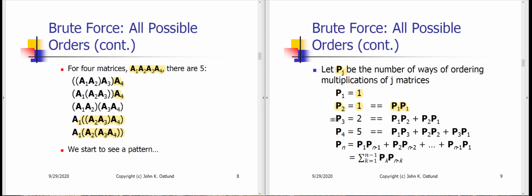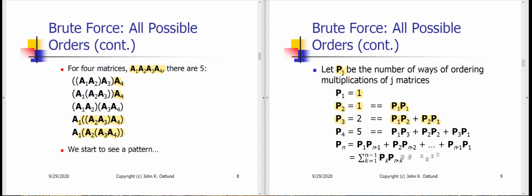Now, when we get to 3 matrices, then as we saw, there were 2 combinations. Because basically we can think of 3 matrices as being one matrix followed by a product of 2 matrices, or 2 matrices followed by one matrix.